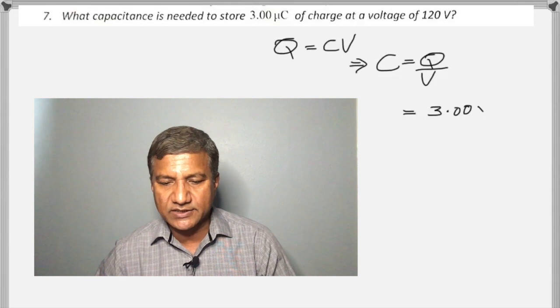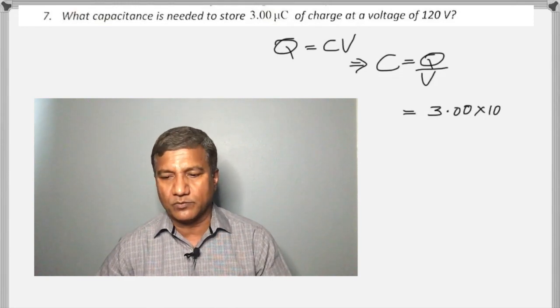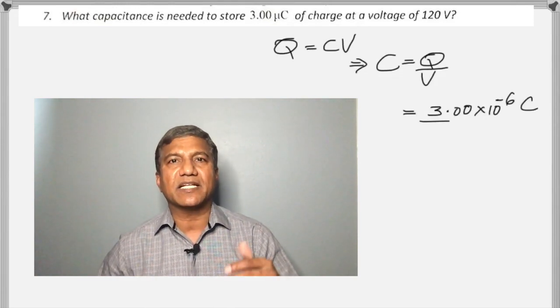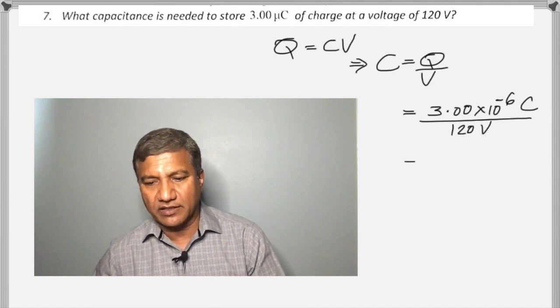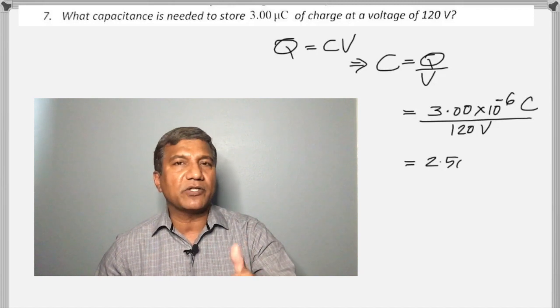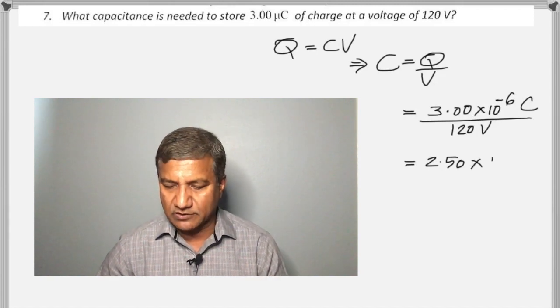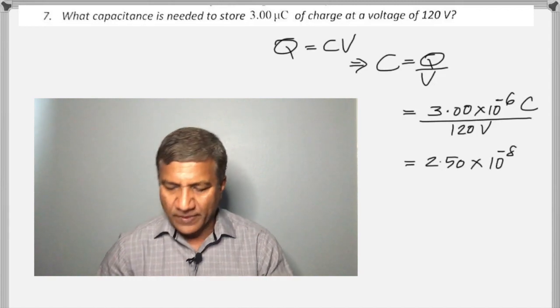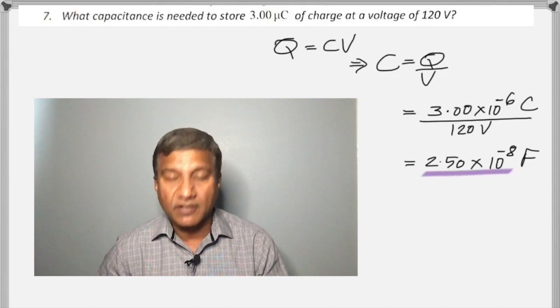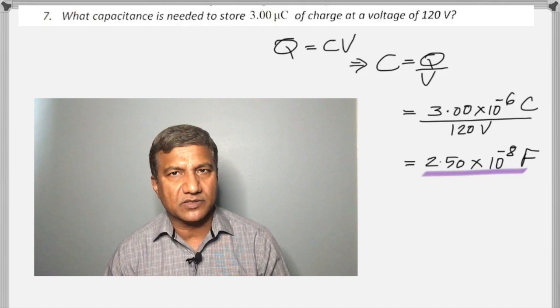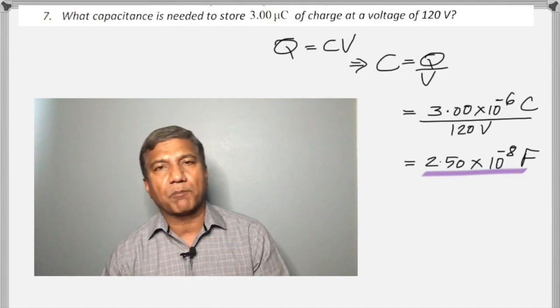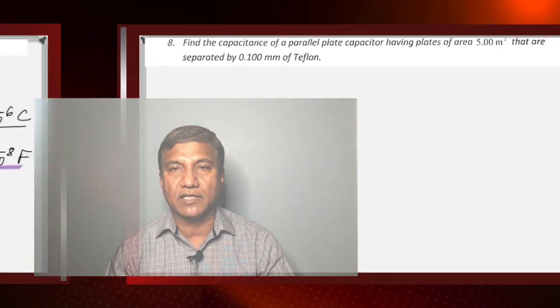The charge is 3 microcoulomb, which is 3 times 10 to the negative 6, micro is 10 to the negative 6, and then the voltage is 120. So when you divide that, you get the answer as 2.50 times 10 to the negative 8 farad. Farad is the unit of capacitance. So that's about the capacitance of a living cell.